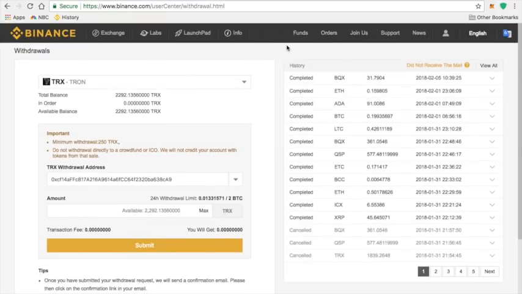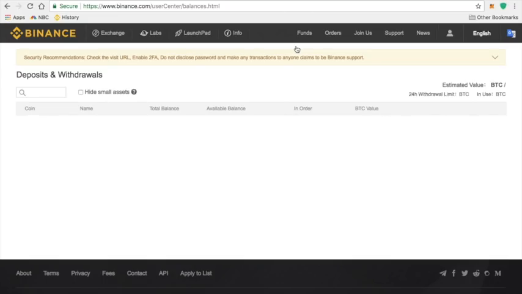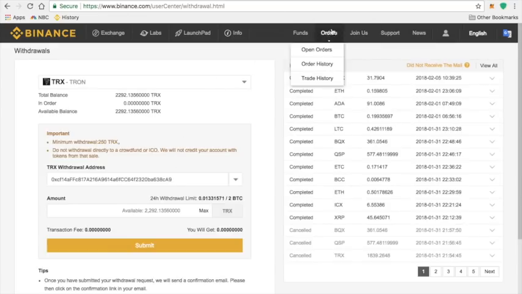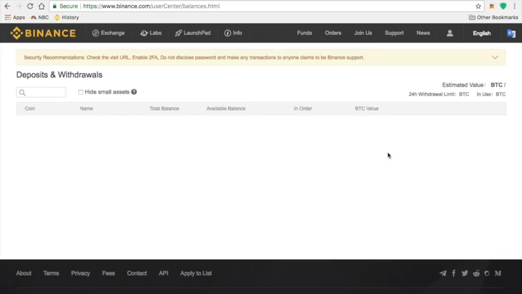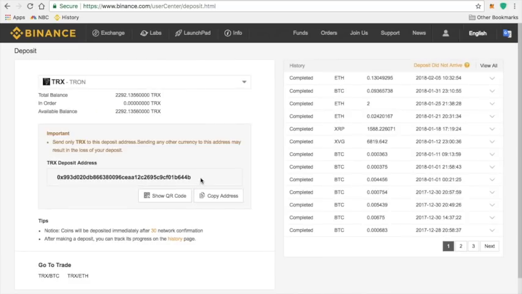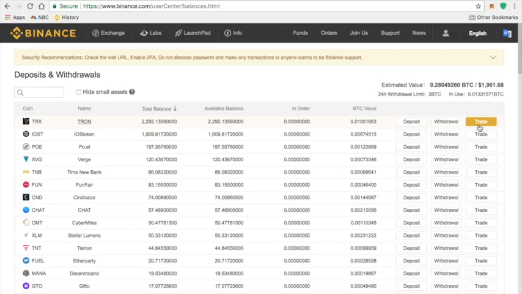So this is how you buy and sell. Once again, you deposit money into your Binance and you withdraw money from your Binance. When you withdraw the money, you're going to need an address to put in. When you deposit money, you give them this address to put into this account. It's that simple.